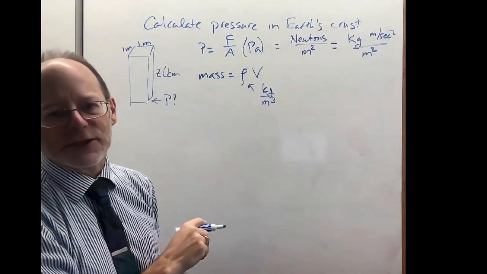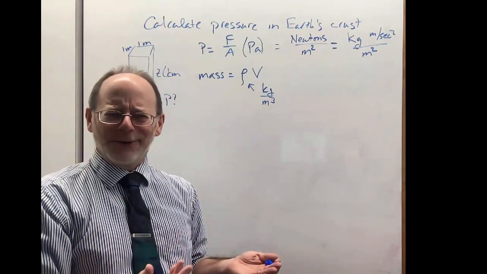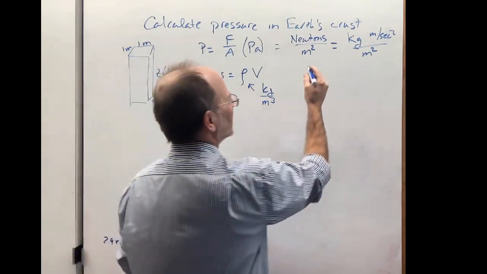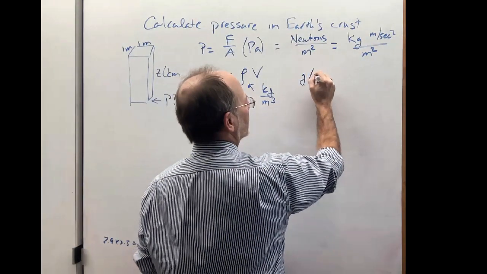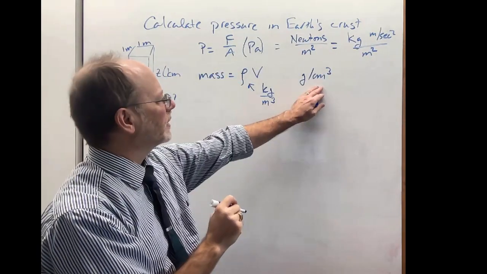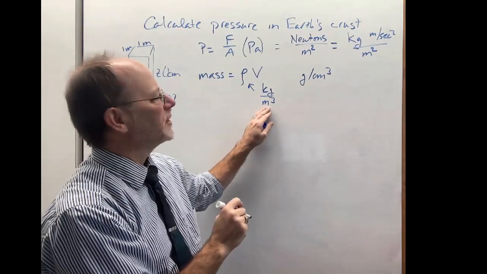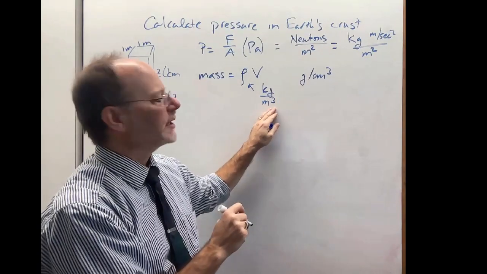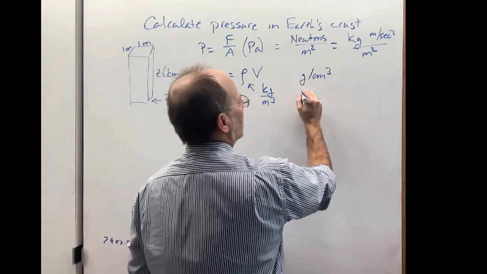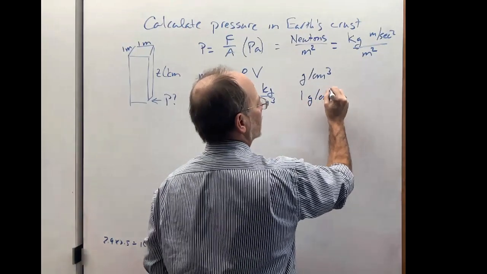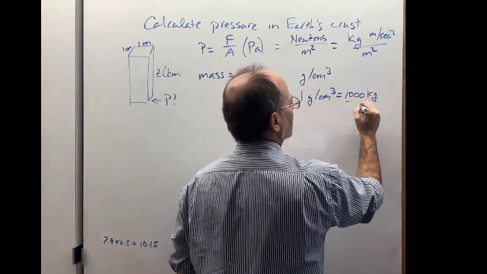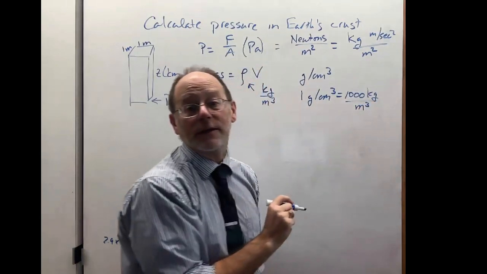Then all our meters cancel out. Unfortunately, many densities are measured in grams per cubic centimeter, right? And so how do we do the conversion from grams per cubic centimeter to kilograms per meter cubed? Turns out it's a factor of 1,000. 1 gram per cubic centimeter is 1,000 kilograms per cubic meter.